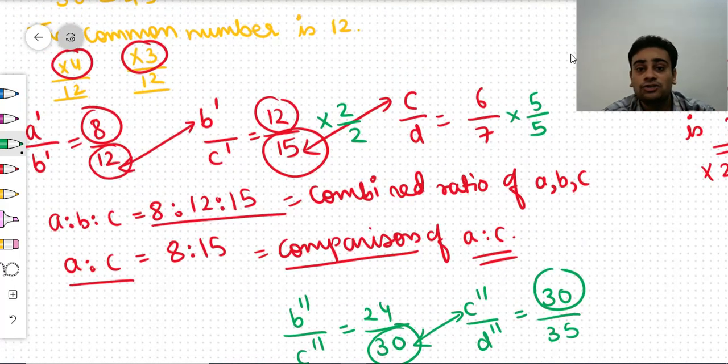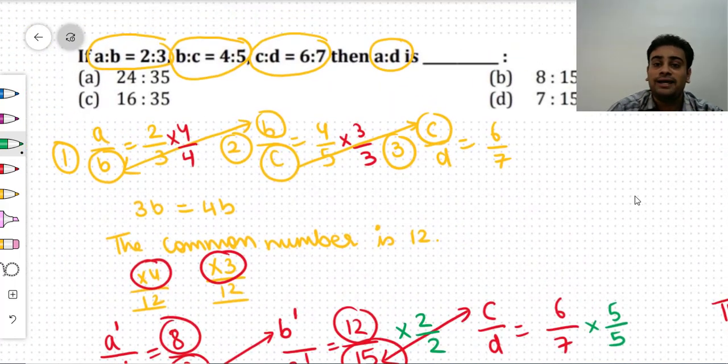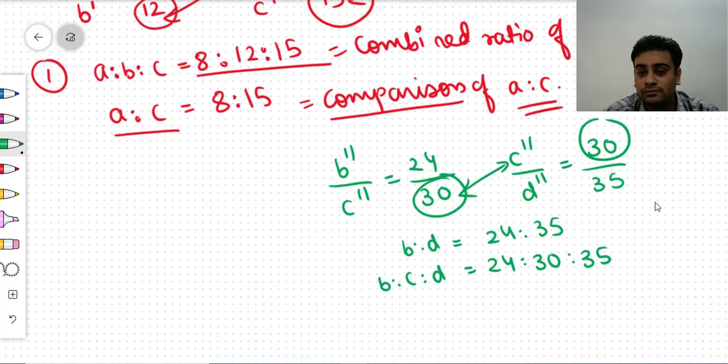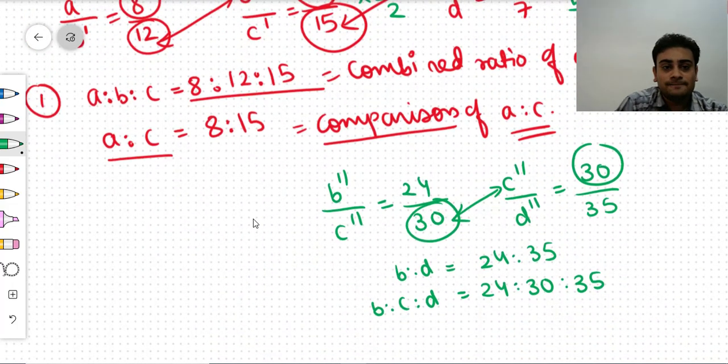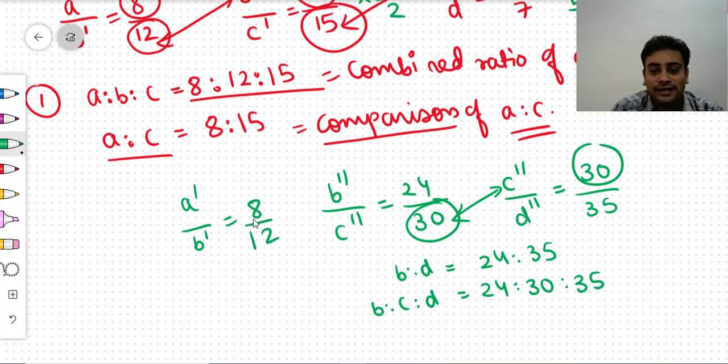But still our question is not completed because we need to find A is to D. So we know that my A upon B is still 8 upon 12. Now you can see here that C is equal to C double dash in both the second and third ratio.